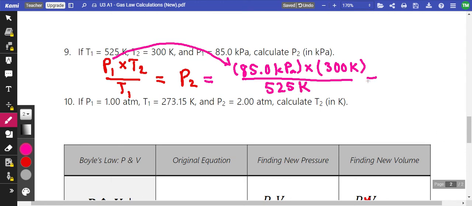If I plug this into my calculator, 85.0 times 300 gives me 25,500. If I then divide that by 525, I get 48.57-ish, and I can round it down if I want to. So 48.57 kPa. Now let's see if that makes sense as an answer. My temperature dropped from 525 Kelvin to 300 Kelvin.